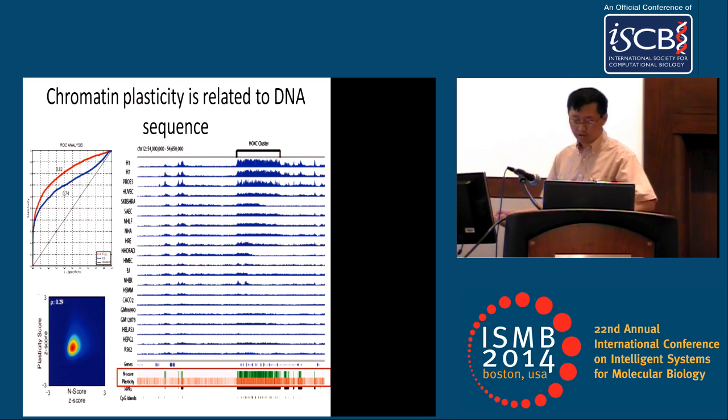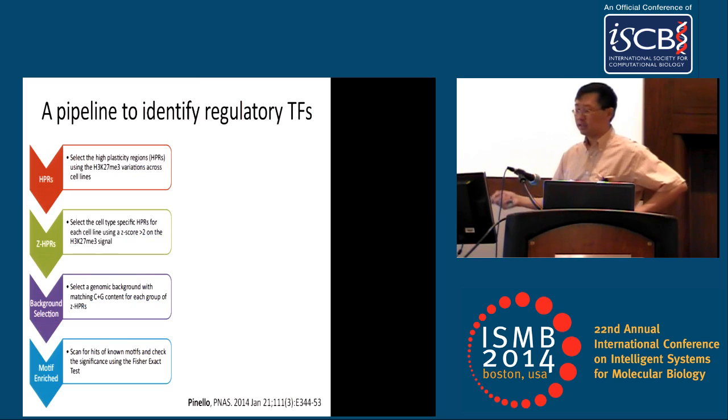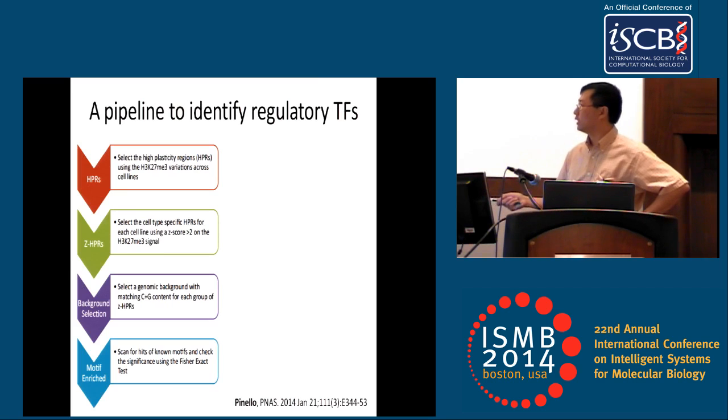There is some correlation, but of course that's not the only story. So we want to go more specifically to see, in a specific cell line, what the mechanisms are that regulate the change of the specific patterns. From that, we built a pipeline to find the regulators that are mediating those variations.